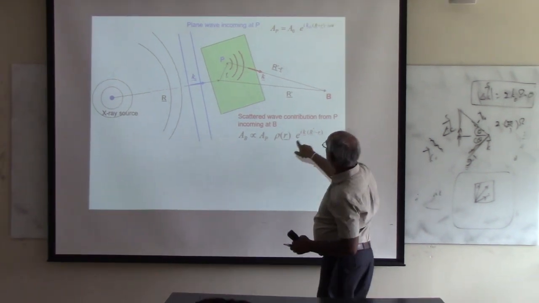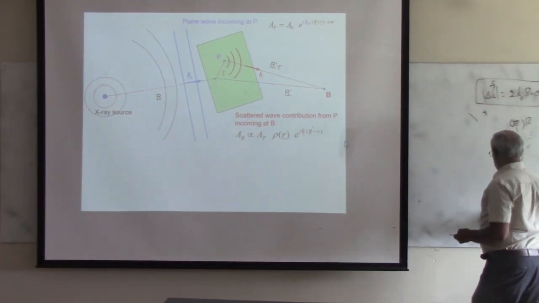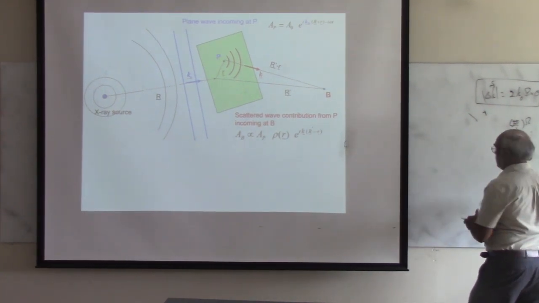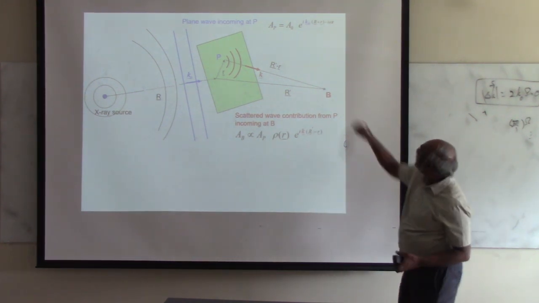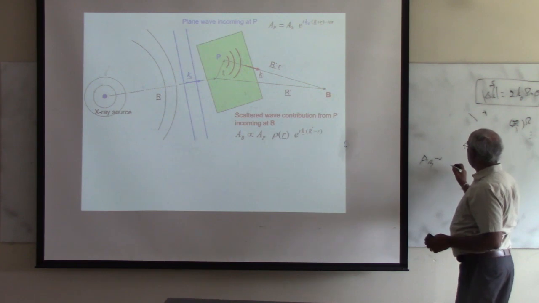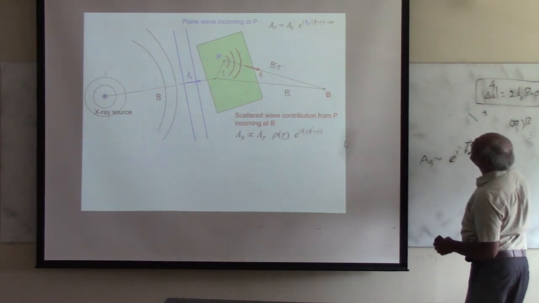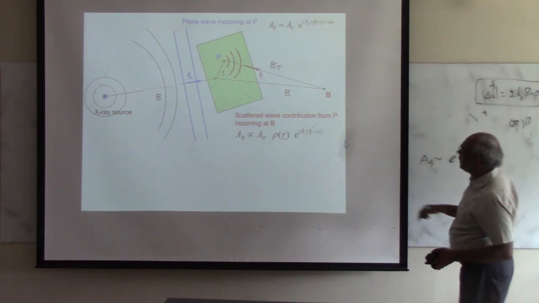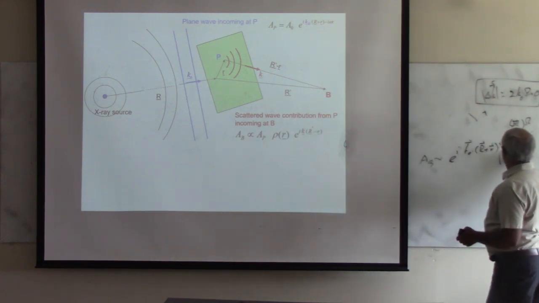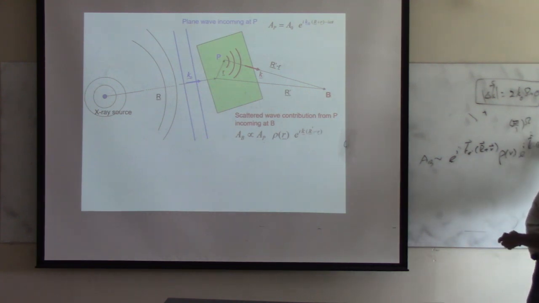So that's it. Now plug in that AP here. It's not very difficult. So AB becomes A0, that's a constant, times e^(i K0 dot (R plus R)), I will not write omega t, then I have rho(R) here, then I have e^(i K dot (R prime minus R)).